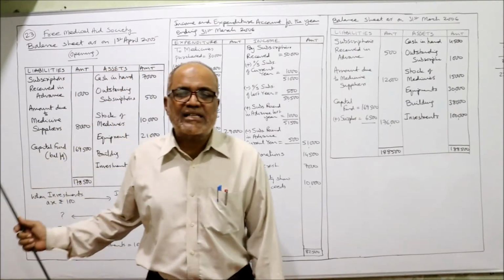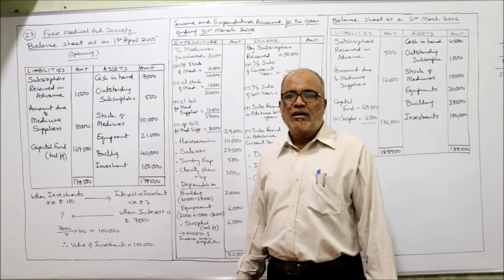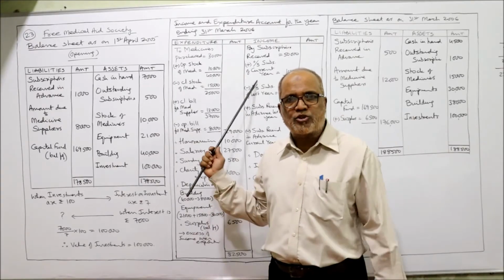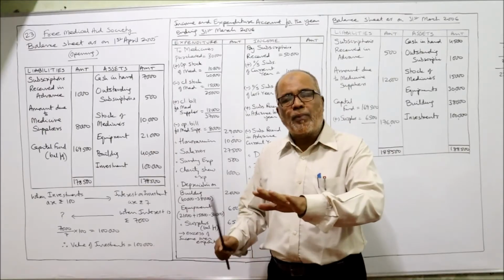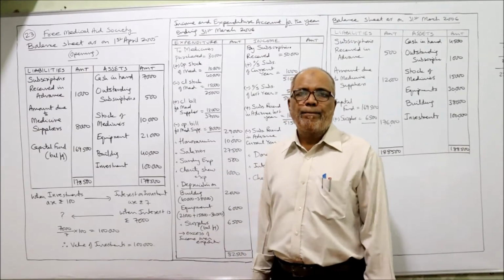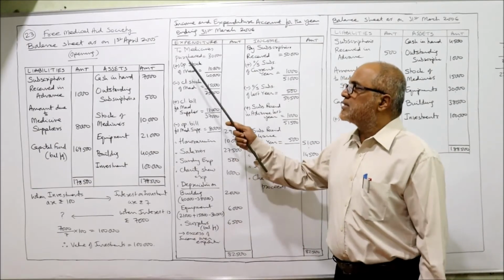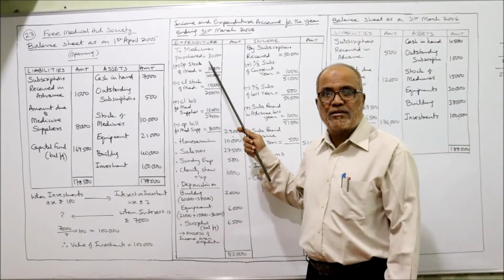Now I am coming to the expenditure. First expenditure, medicines. The main complication is regarding medicines and subscriptions. If you understood these 2 items, the problem is completely easy. These 2 you have to concentrate on. Medicines. Payment for medicine is 30,000 given on the payment side.